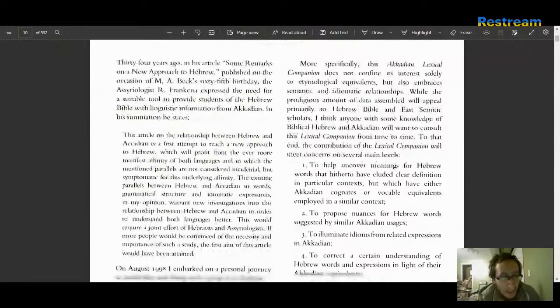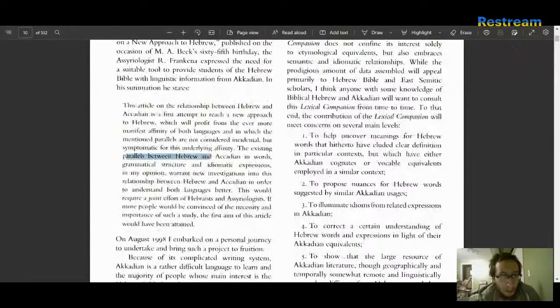The existing parallels between Hebrew and Akkadian in words, grammatical structure, and idiomatic expressions, in my opinion, warrant new investigations into this relationship between Hebrew and Akkadian in order to understand both languages better. This would require a joint effort of Hebraists and Assyriologists."